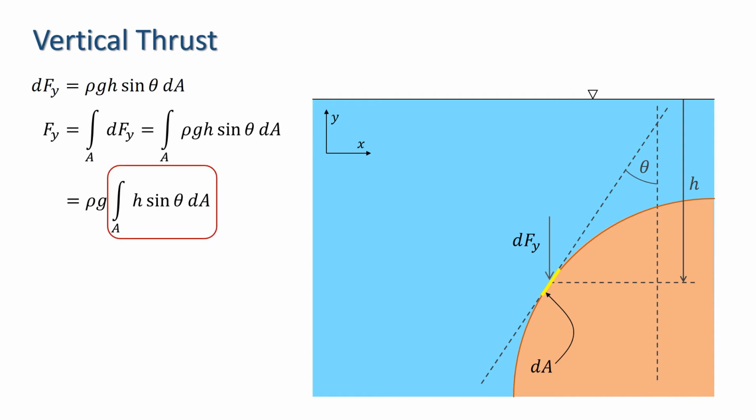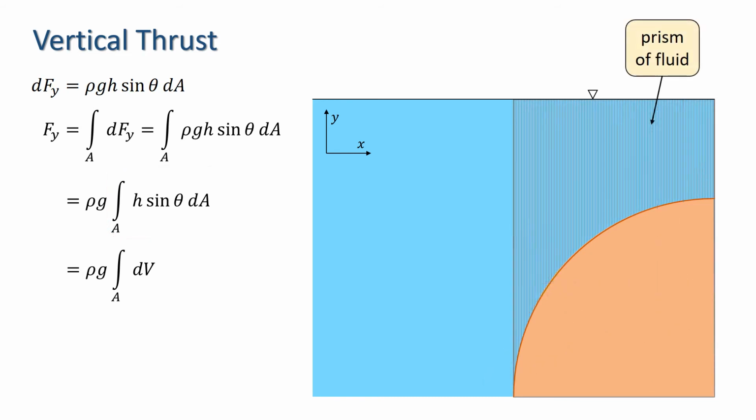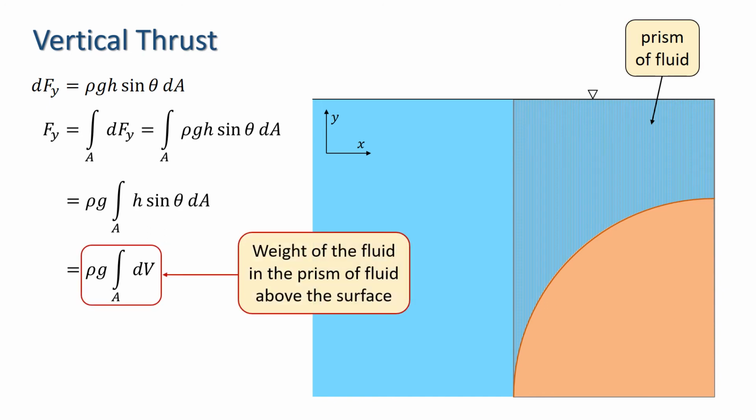Looking at this integral, we have the projection of dA onto a horizontal elemental area, sin θ dA, and the integral is simply the volume of fluid contained in the prism of fluid above the curved surface. The vertical thrust is thus the weight of the fluid in this prism of fluid. The line of application of the thrust is through the centre of gravity of this prism of fluid.